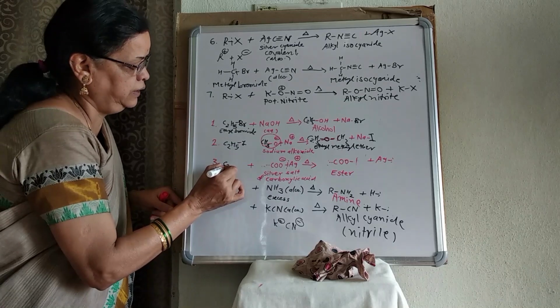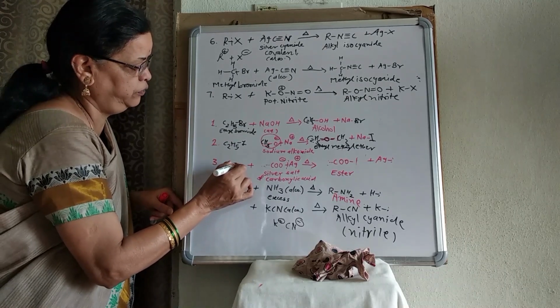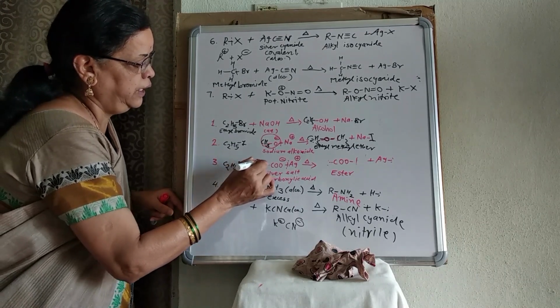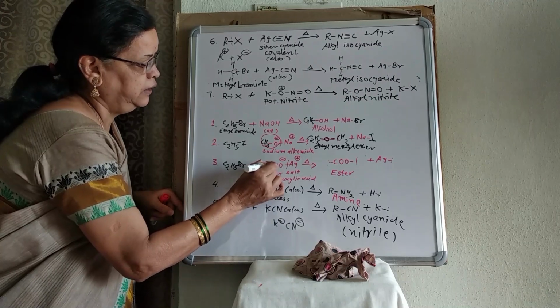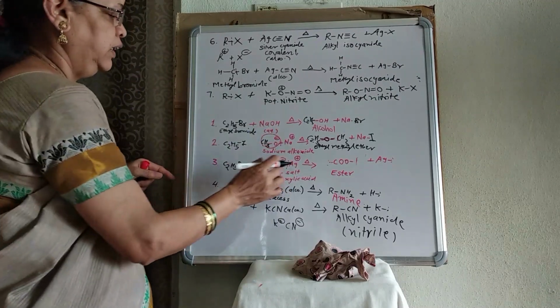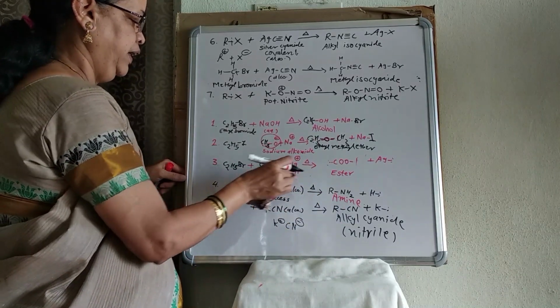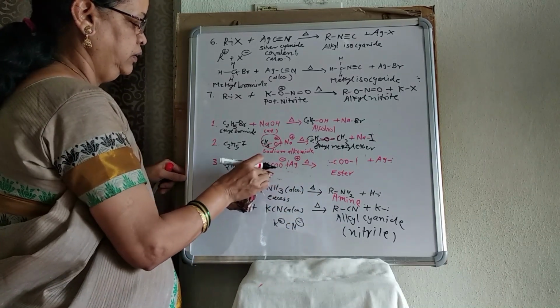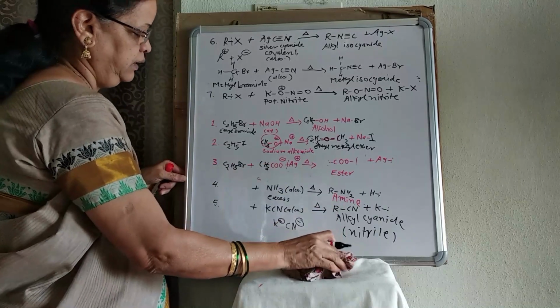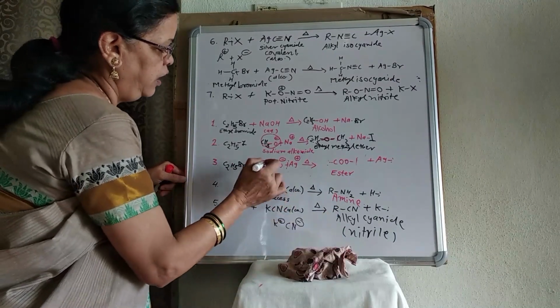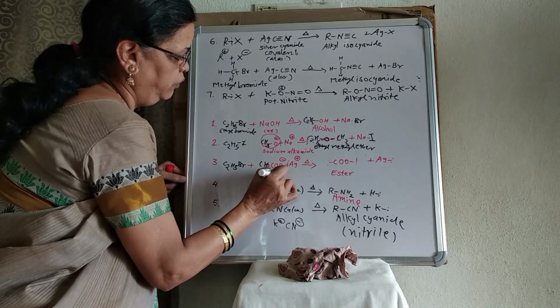So another example, you can take C2H5Br react with CH3COOAg, that is silver acetate. A particular name is there because it is having the R group as CH3, so it is called silver acetate.